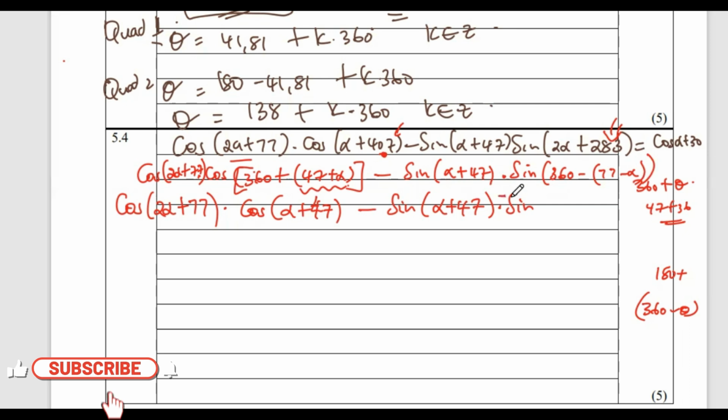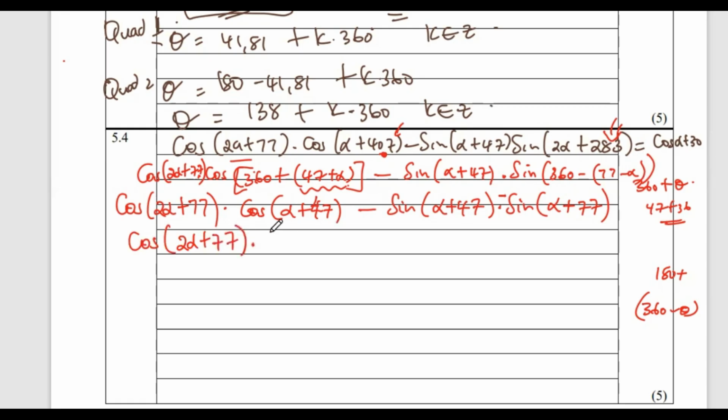So it's a negative sine. I have alpha plus 77. So this negative and negative will make that a positive. So cos of 2 alpha plus 77 times the cos of alpha plus 47 plus the sine of alpha plus 47, and then the sine of alpha plus 77.